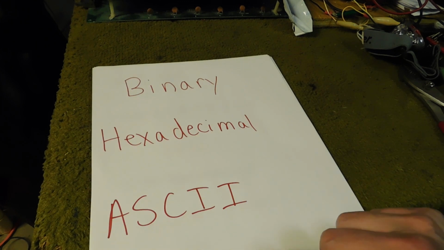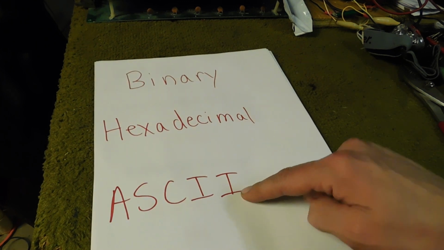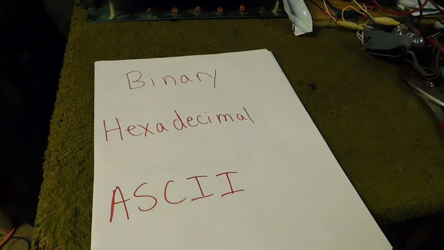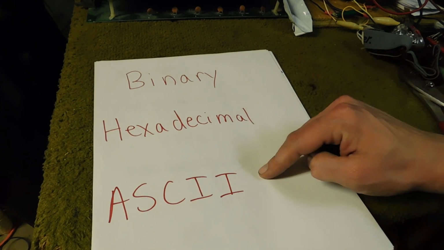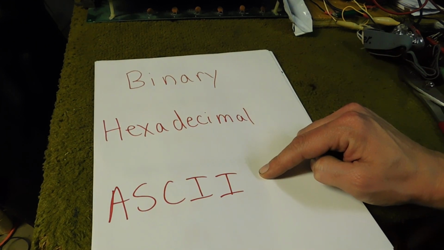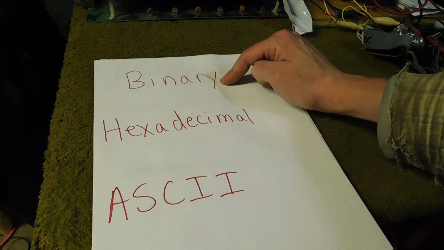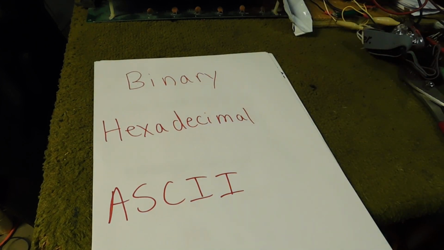That's where you're going to get your A through Z, upper and lowercase, and you'll get your different types of symbols like exclamation points, question marks, and so on and so forth. That's how we can do that. These are the two forms used in order to understand binary in the human language.